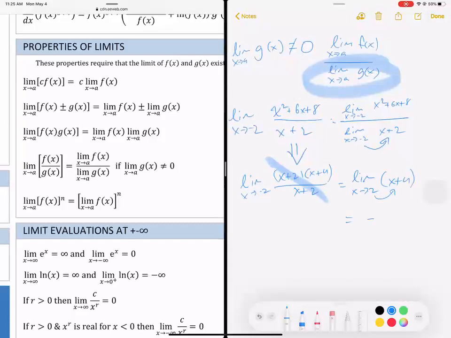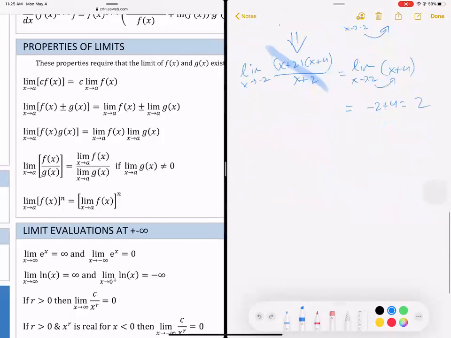Negative 2 plus 4 is positive 2. Remember that I have to keep writing limit. Once I plug it in, I don't have to write limit anymore. We always have to write limit till we plug it in.